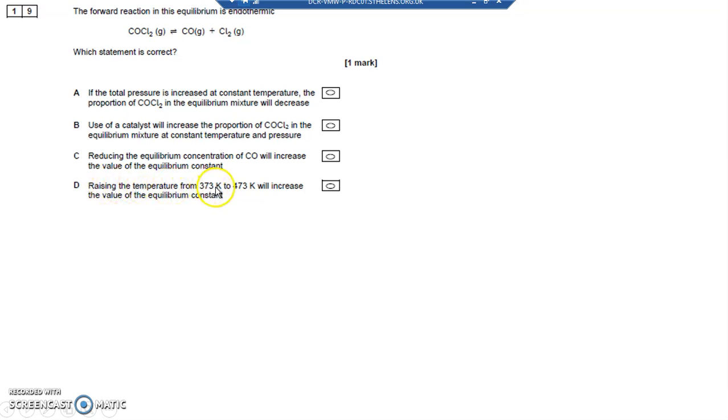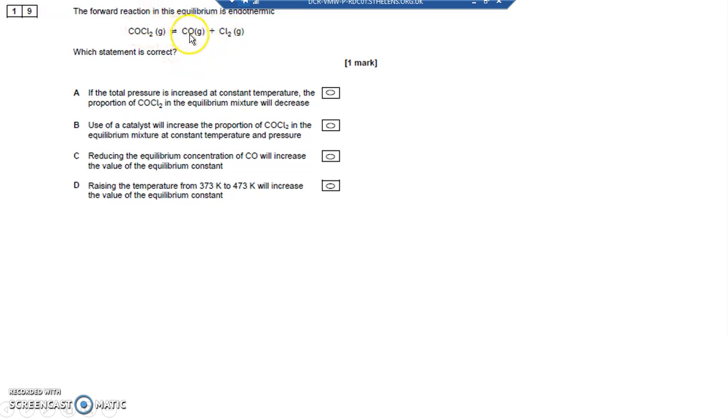Raising the temperature will increase the value of the equilibrium constant. Yes, that's very much a possibility. Temperature is the only thing that can alter the value of an equilibrium constant. It's endothermic going left to right, so if I increase the temperature, by Le Chatelier's principle, it will try and lower the temperature of the surroundings by taking in some of the heat, and it will shift to the right-hand side.